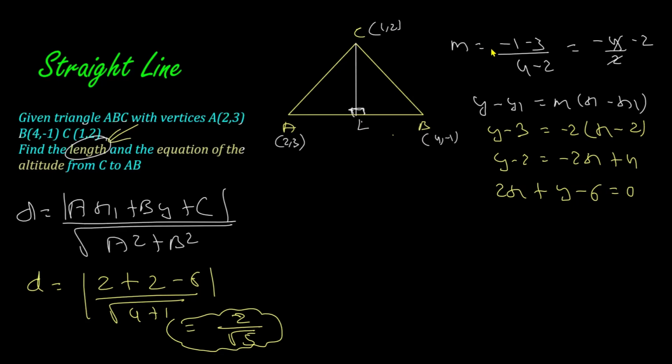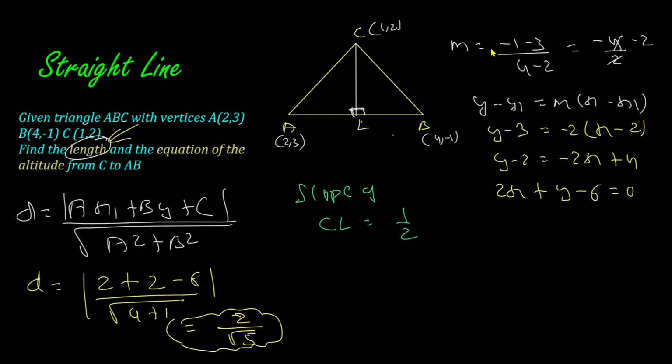The slope of CL is going to be the negative reciprocal of minus 2, which is positive half.